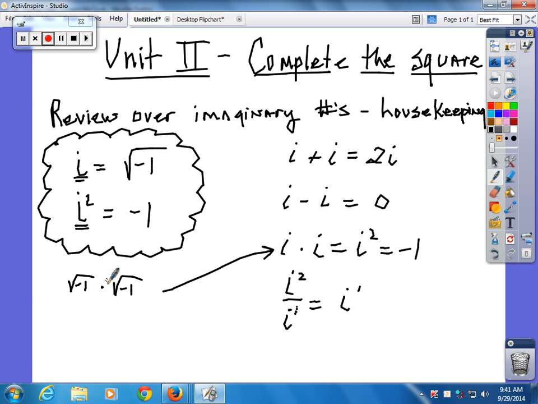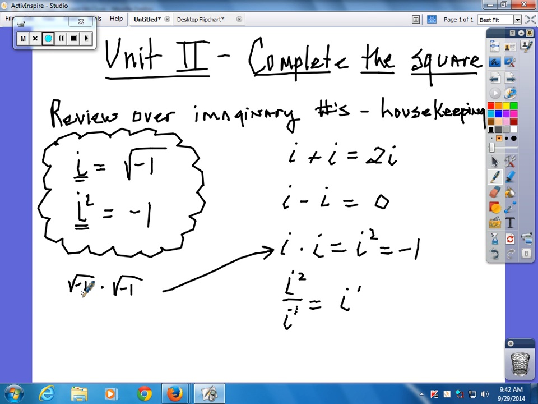That would be the square root of -1, square root of -1, which is -1 in the radical. If I took these two things and added them together, it'd be 2 times the square root of -1, or 2i. This is a whole lot easier to write than 2 times the square root of -1.